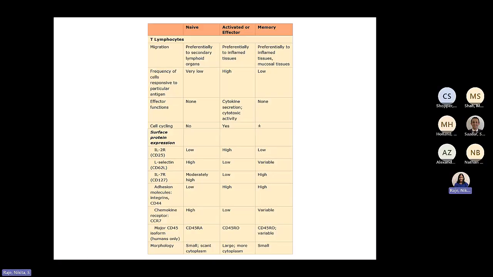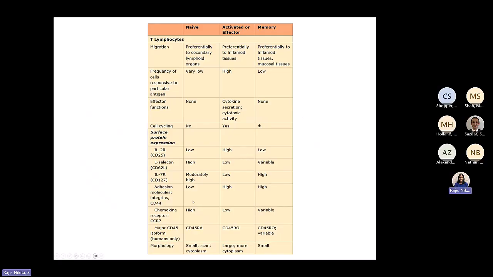CD62L or L-selectin is highest in the naive T cells, and then when they get activated, L-selectin is not as expressed, and then in memory cells it can be variable. IL-7 receptor or CD127 is high in naive and memory, but low in activated or effector cells. And so on and so forth.